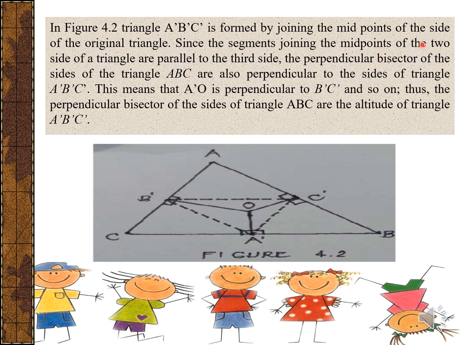Since the segment joining the midpoints of two sides of a triangle is parallel to the third side, the perpendicular bisectors of the sides of triangle ABC are also perpendicular to the sides of triangle A'B'C'. This means that A'O is perpendicular also to the line B'C', and so on. Thus, the perpendicular bisectors of the sides of the triangle ABC are the altitudes of the triangle A'B'C'.